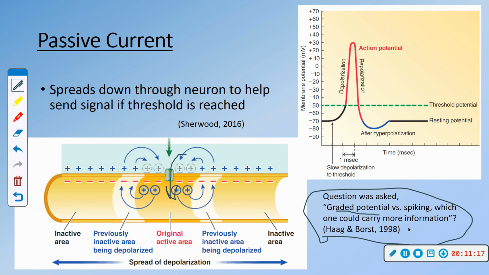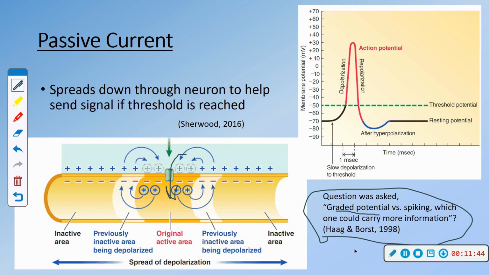But what the scientists were wanting to try was, what if it was forced? What if they put it in what they call a spiking mode? What they found out was actually the spiking mode caused issues. The easy flow of graded potential allowed for more information, more of those impulses, to be carried.